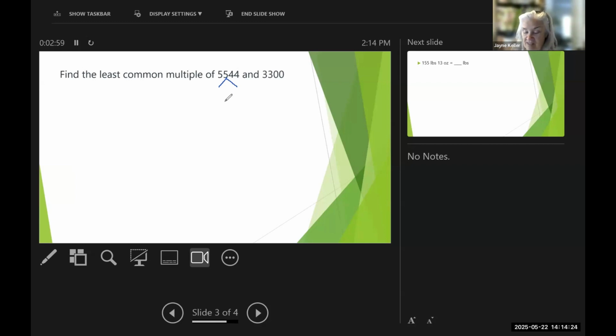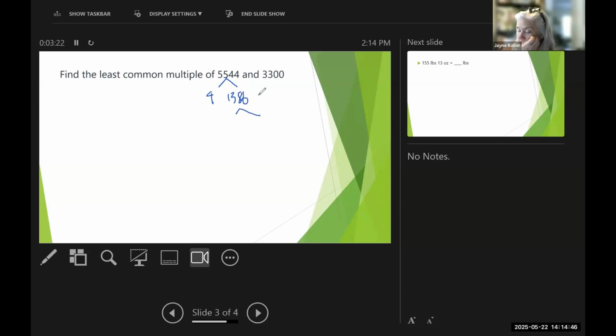For one like this, you can do the long division, or you can just do a quick calculator. I think 4 is going to work. So I can divide 4 into 5,544. And let's say I get 1,386.